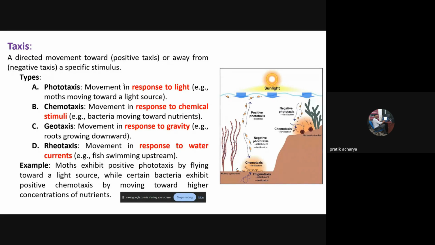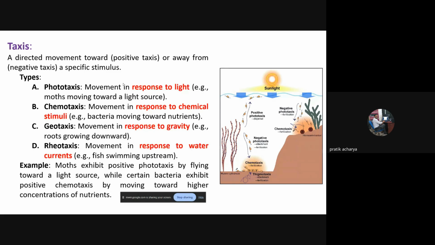That's why they are moving to the source of light. Many insects are photohating, photophobic in nature, but some insects are photoloving in nature. In the winter season, we can see that photoloving nature of insects. They are very attracted towards the bulbs and other light sources we have. So these are the phototaxic effect or positive response.